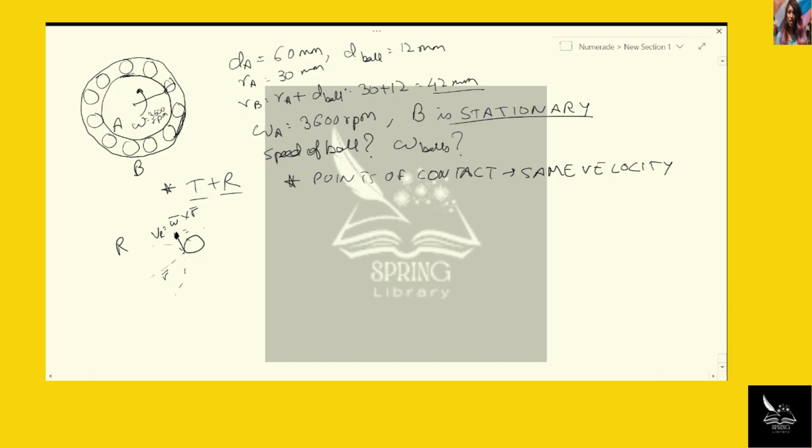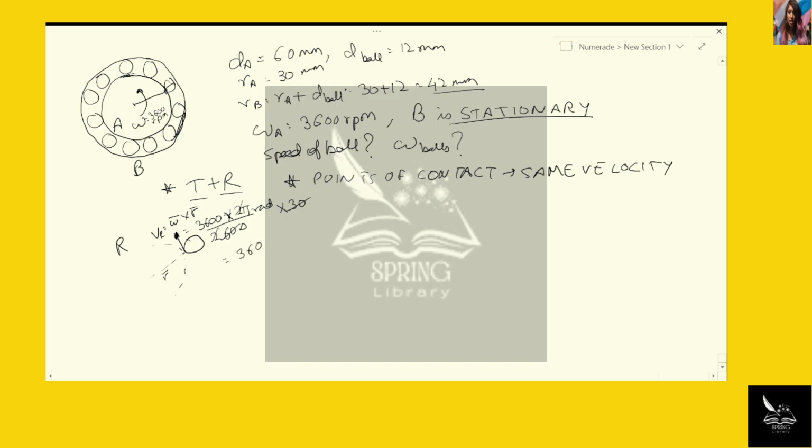The value is going to be 3600 rotations per minute. So basically this is 3600 times 2 pi radians divided by 60 seconds. So these many radians per second times the radius, and the radius is 30. So 30 cancels this, you get 2, then this cancels this.